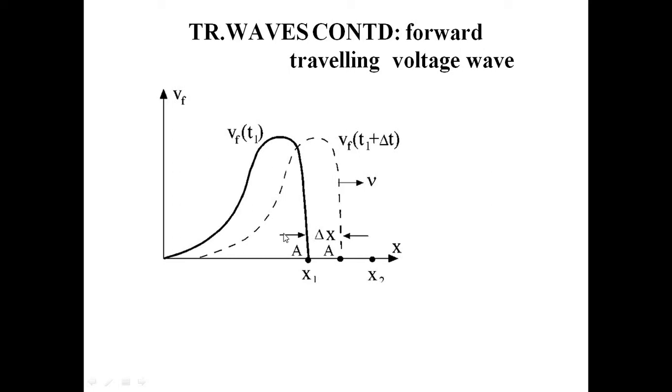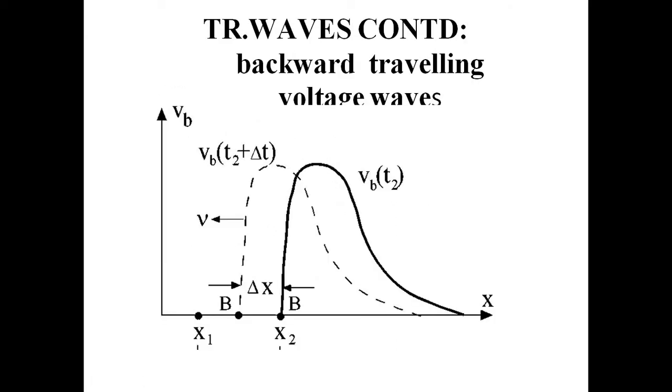Then x1 is represented for the original travelling wave, then the next forward travelling wave at x2. The change in the distance value, then Vf (t1 plus delta t), that means change in the time of the forward travelling wave in the signal.